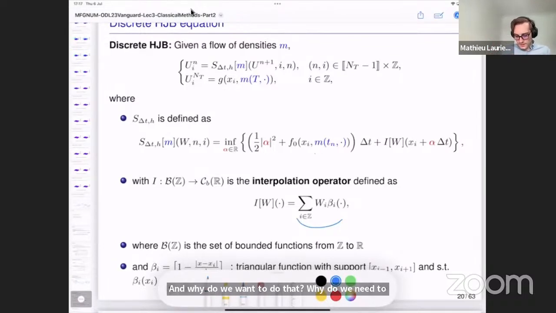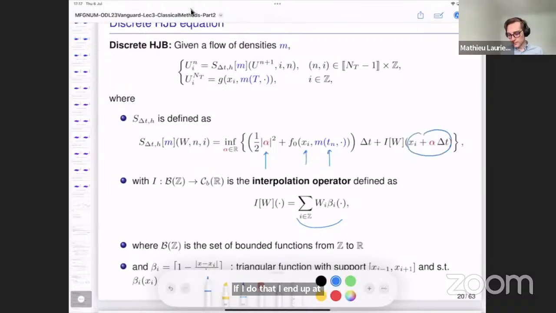Because at time tn, imagine we are at position xi, and we use control alpha. If I do that, I end up at xi plus alpha delta t at time tn+1. But the problem is this point maybe is not on my grid. I have discretized space, but maybe this point is not on my grid. So in order to compute the value at this point, which is not a point in the grid, I interpolate.